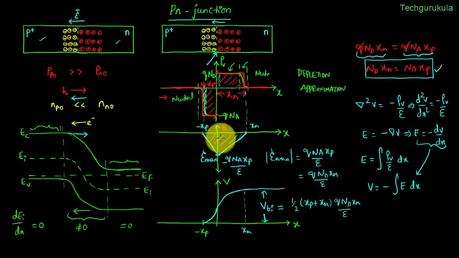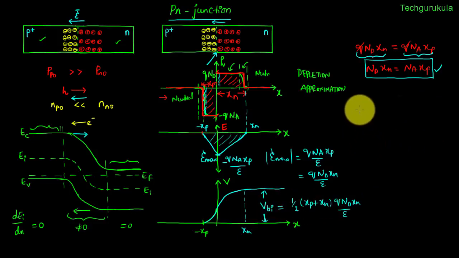As the electric field distribution looks like a triangle, I've used the triangle's area formula to find the built-in potential. We're going to call xn plus xp the depletion width. So we can write VBI as half times W over epsilon times Q Nd xn.